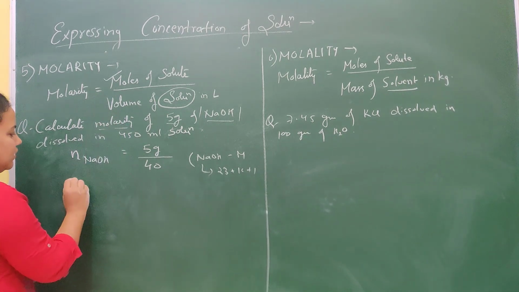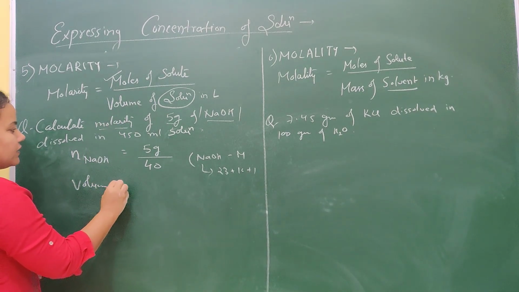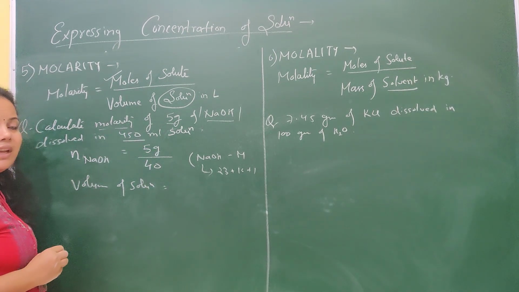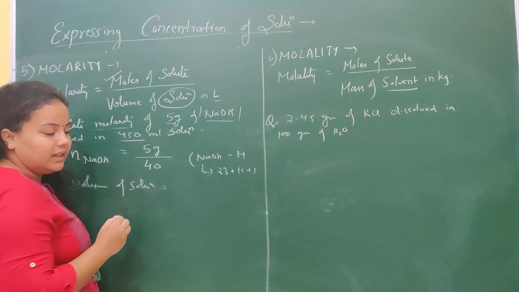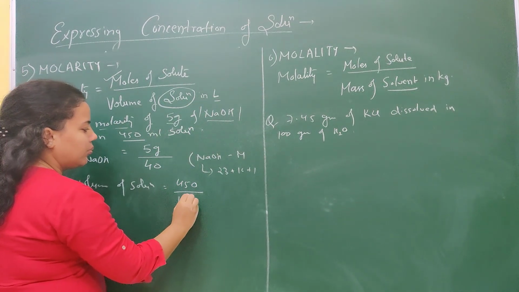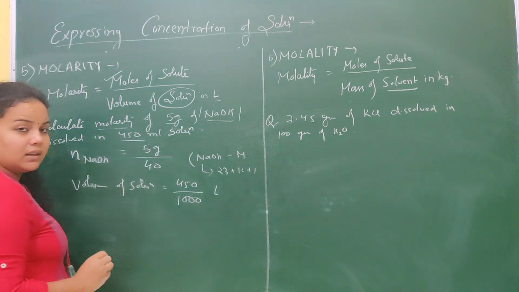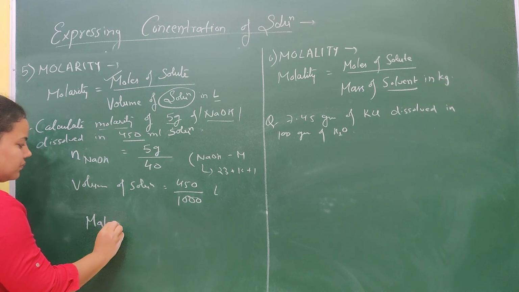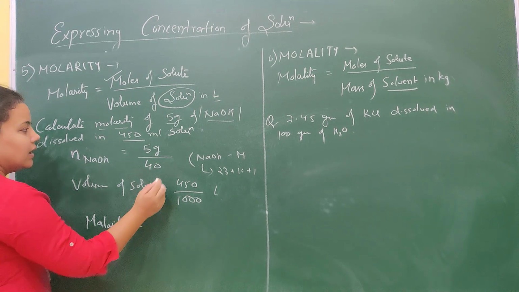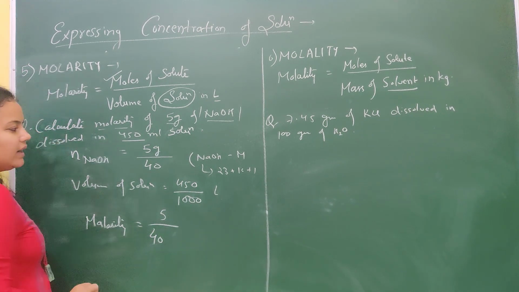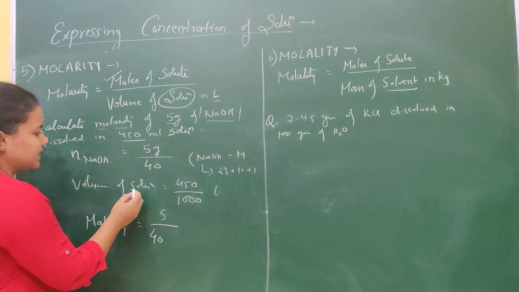Now volume of solution. So volume of solution is how much over here? It's 450 ml, but we need to take it in liter. So how are we going to convert it into liter? So 450 upon 1000 will get converted to liters. So molarity is what? Number of moles, which is 5 upon 40 I have taken so that the calculation becomes easier.